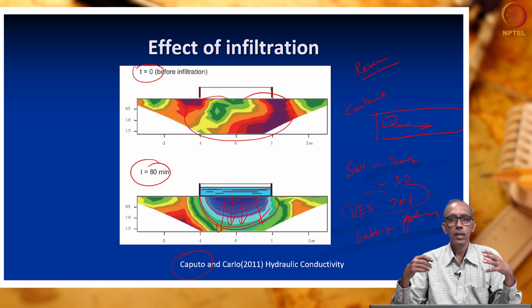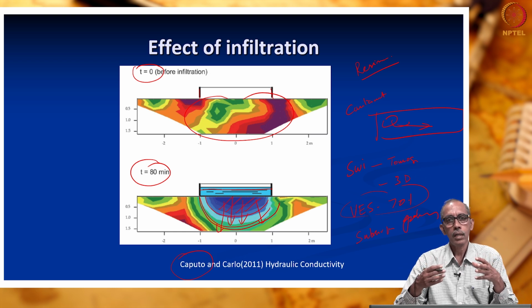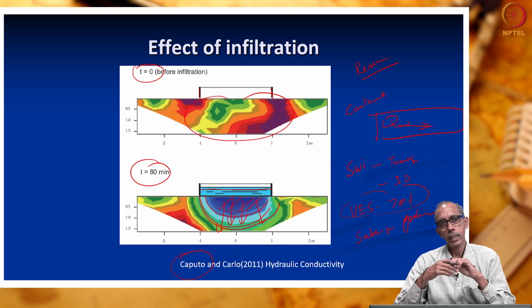So, these are all some site specific applications. I am sure you have got a reasonable understanding of the basics of the electrical resistivity method, how it is carried out in the field, and some of the site specific applications based on the case studies I have presented today.